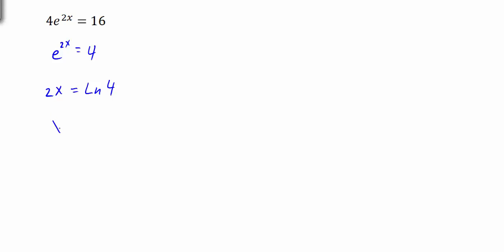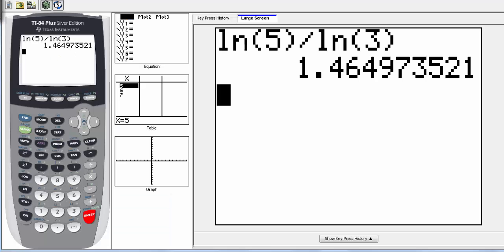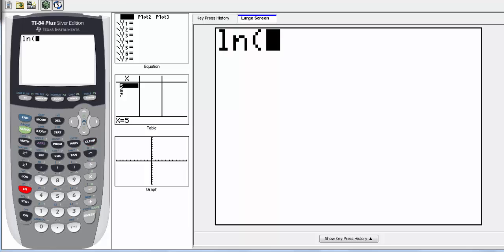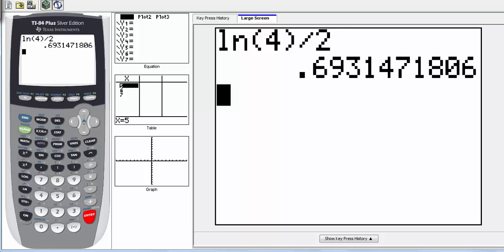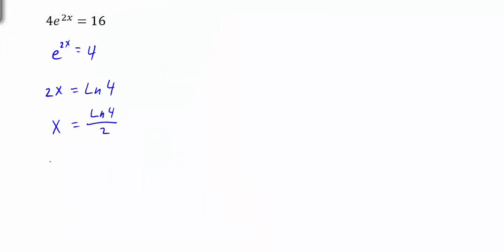So if we divide by 2, we would have x equals the natural log of 4 divided by 2. Then if you go to the calculator, we could type in the natural log of 4 and simply divide that by 2. And we could round this to say 0.69. So x is approximately 0.69.